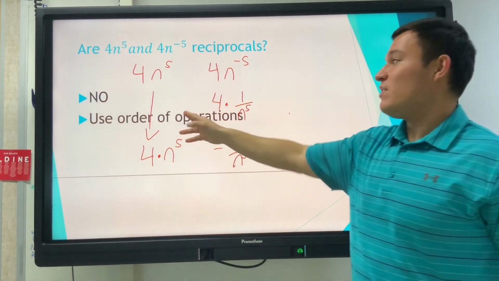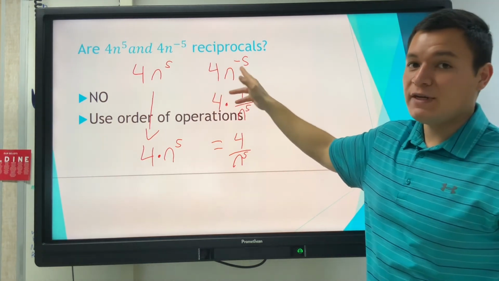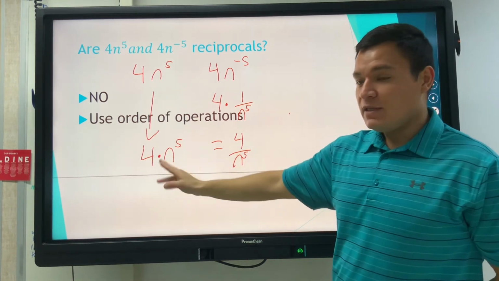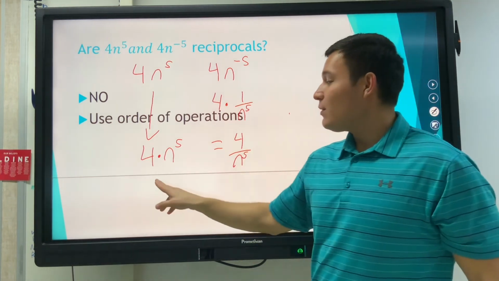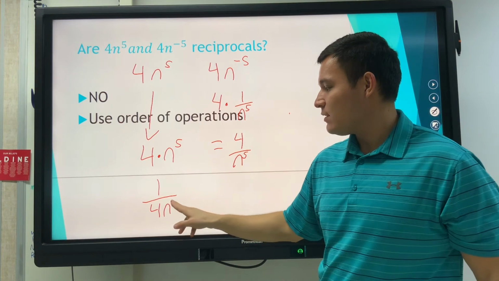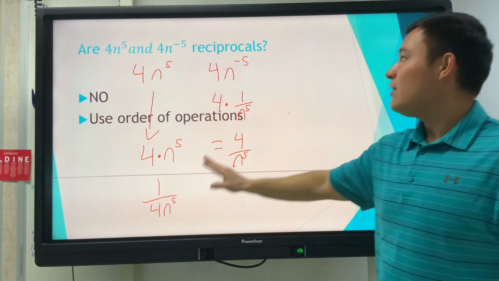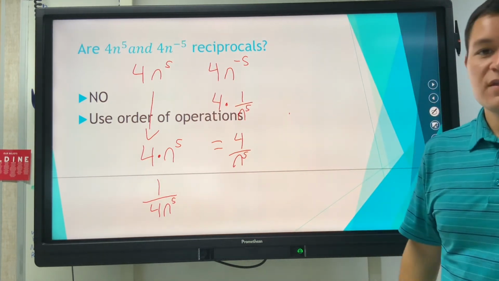When we use the order of operations, we have to separate this 4 from that n being raised to a negative power. But here, on the left side, if we did the reciprocal of 4 times n to the 5th, the actual reciprocal, that would be 1 over 4 times n to the 5th power. So this is the true reciprocal. This is not. It's only like halfway the reciprocal.